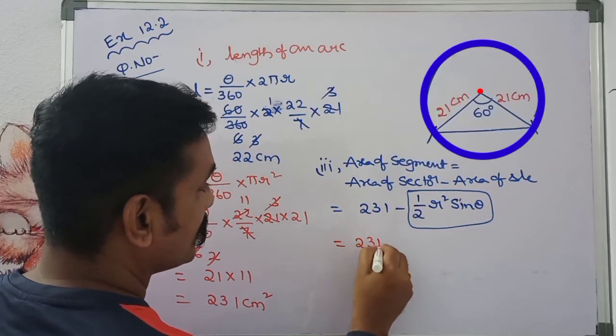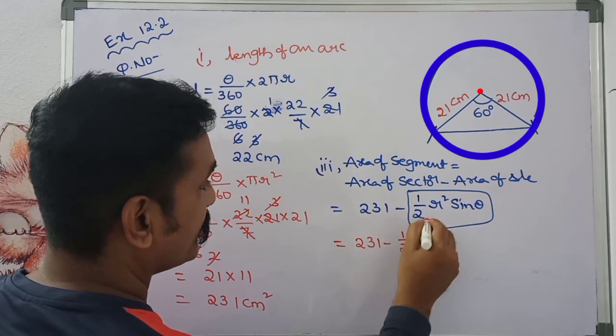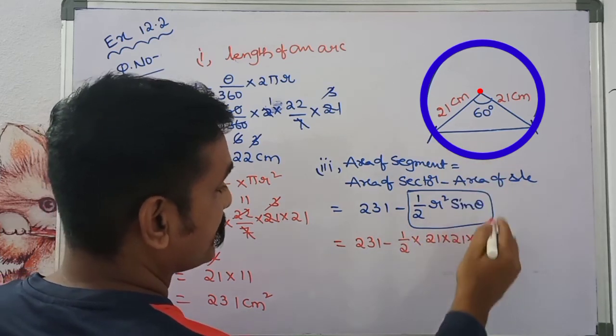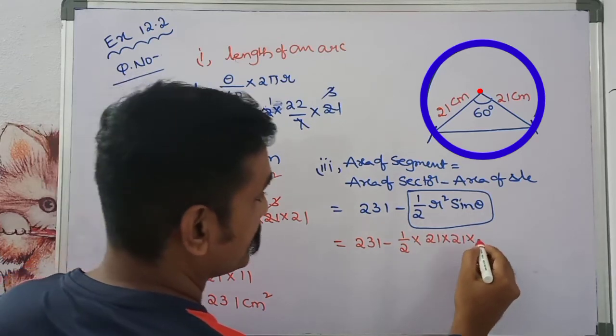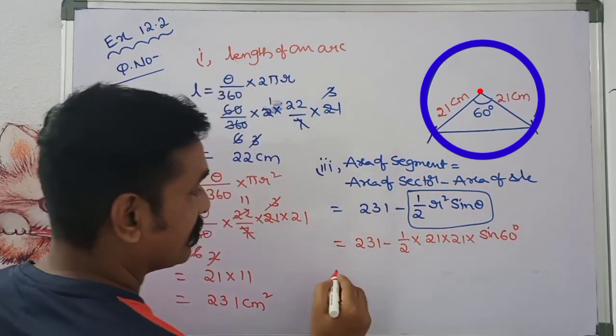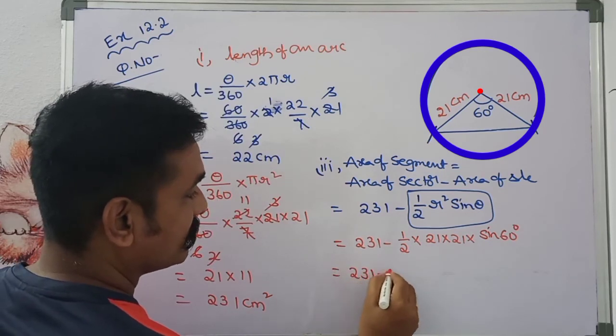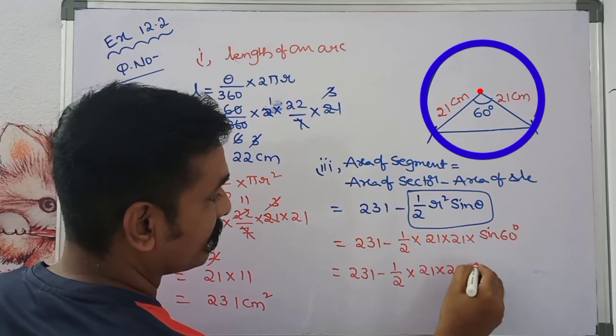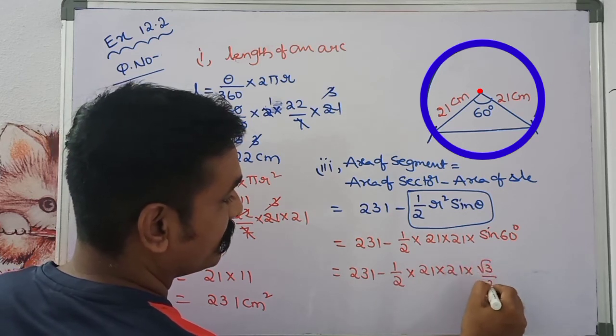So 231 minus half into radius 21 into 21 into sine theta, sine 60 degrees. We write one more step: 231 minus half into 21 into 21 into root 3 by 2.